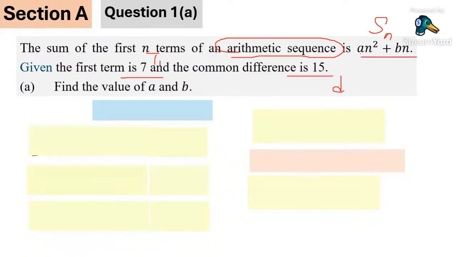So how we get the answer for a and b? Okay, watch out guys and girls. So in this question here again, question tell you that it's arithmetic. And they give you a formula of Sn, a customized formula an squared plus bn.